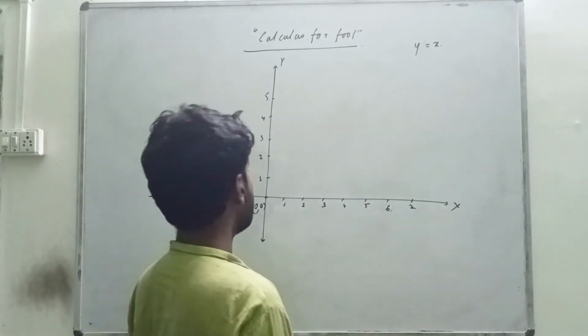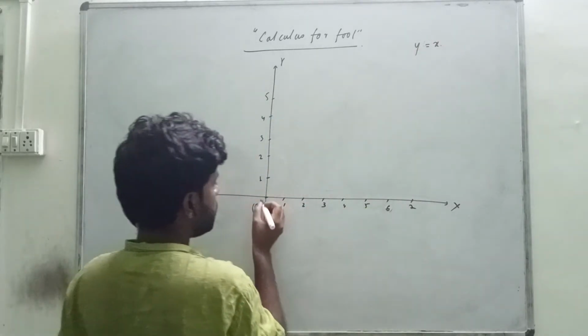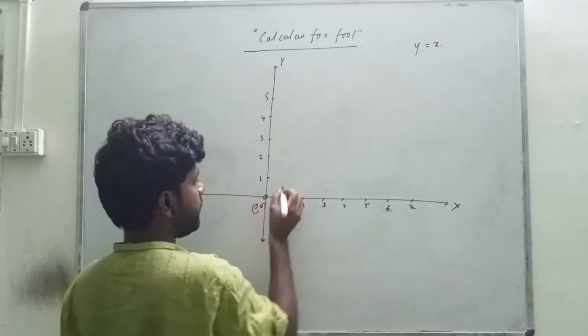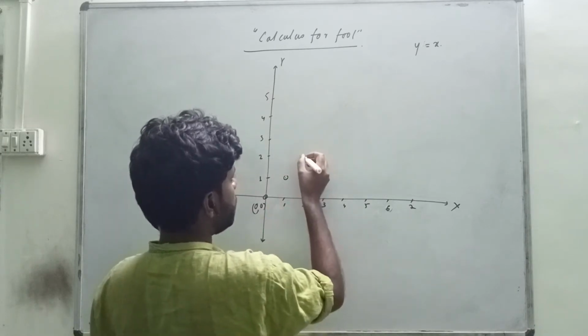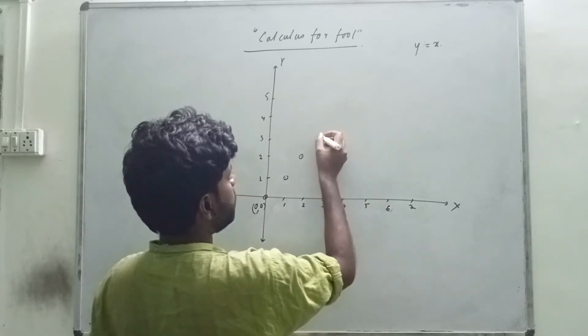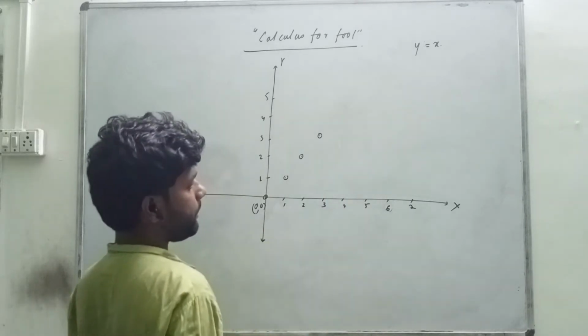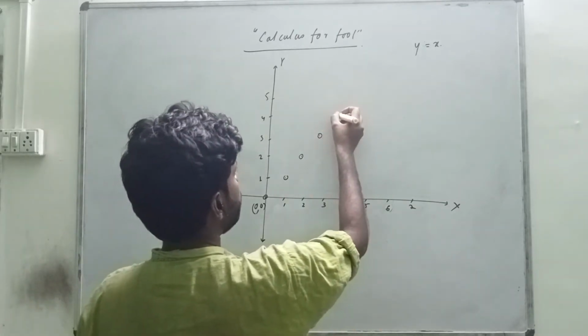So y equals x means if x is 0, then y is 0. If x is 1, then y is 1. If x is 2, then y is 2. If x is 3, then y will be 3. If x is 4, then y will be 4.